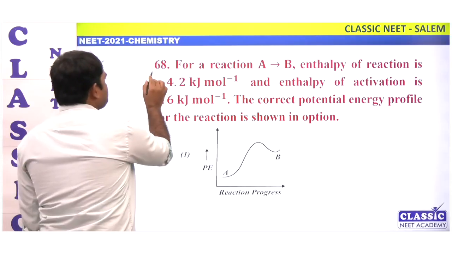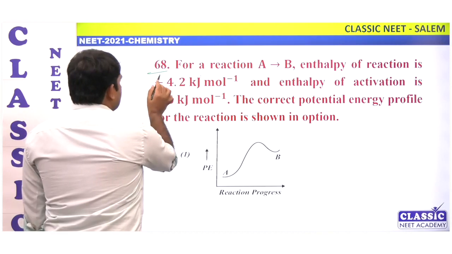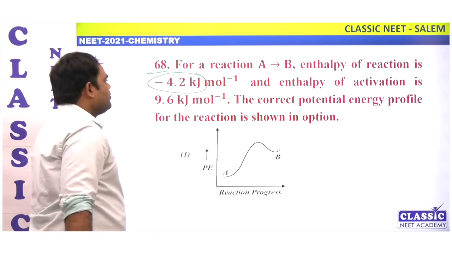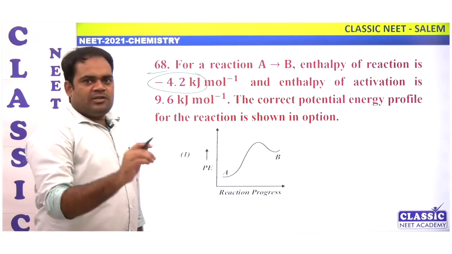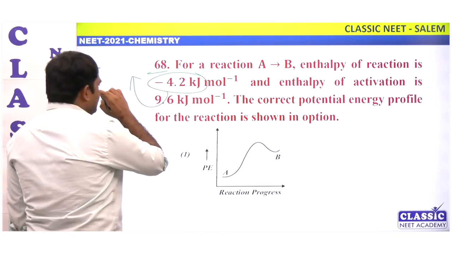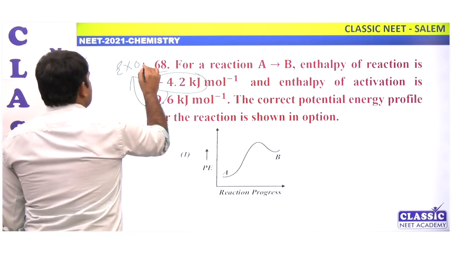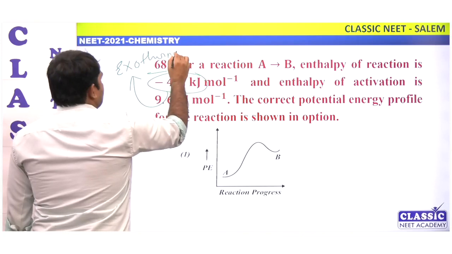In that, one reaction is given, and after that the reaction enthalpy is given as minus 4.2 kilojoule per mole. So what is the nature of the reaction? Because the reaction enthalpy is negative, the reaction is exothermic.